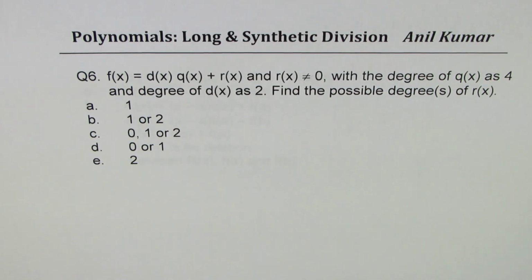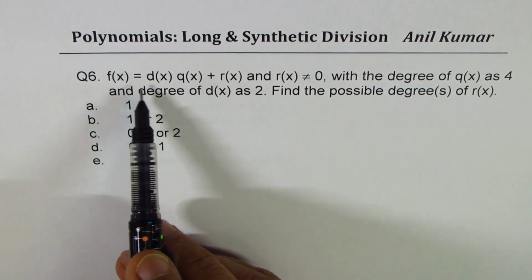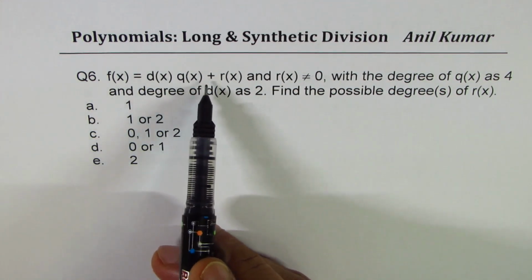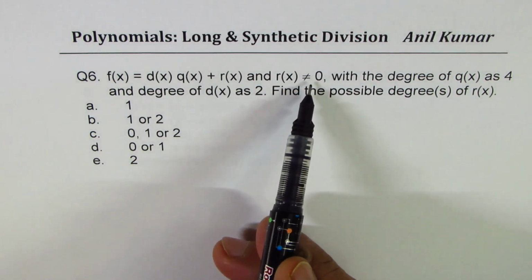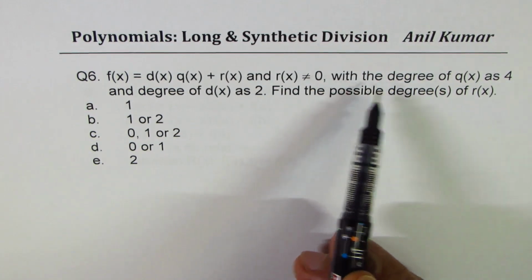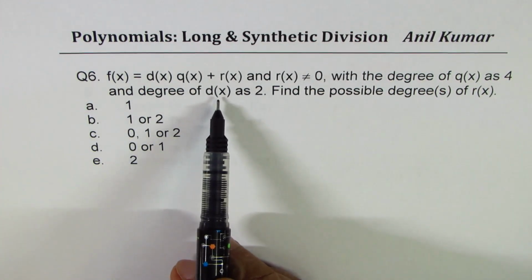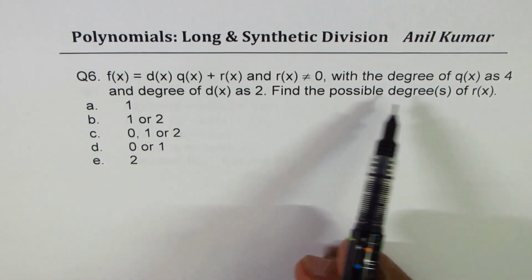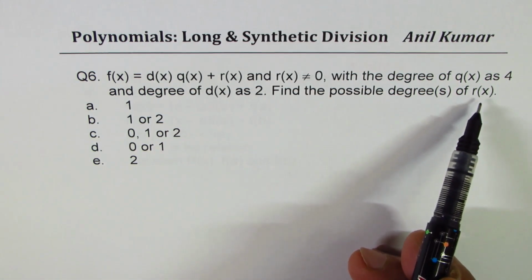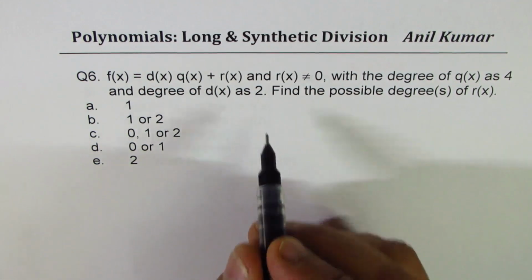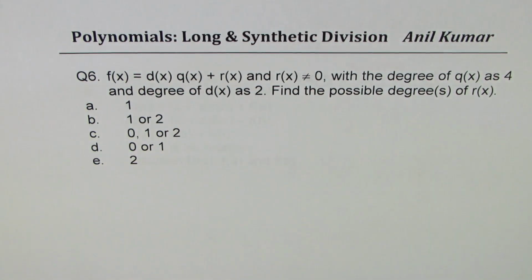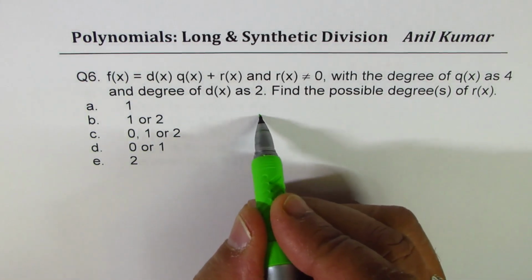Question number 6. f of x is divisor times quotient plus remainder, where the remainder is not equal to 0. With the degree of quotient as 4 and degree of divisor as 2, find the possible degree of remainder, right? So what we are doing here is basically dividing by a quadratic.